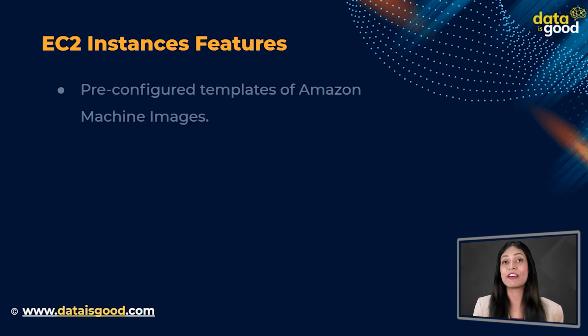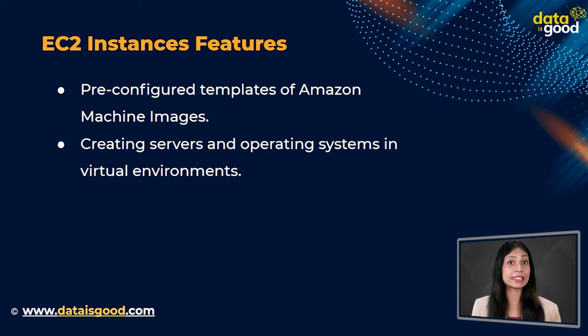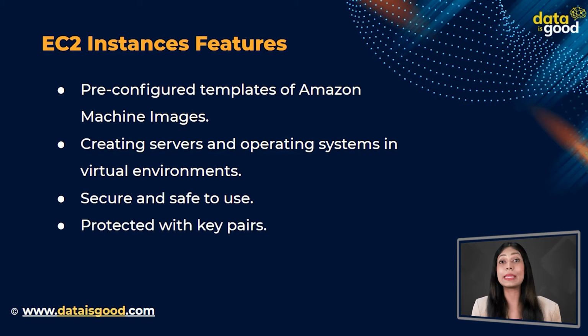EC2 instances have pre-configured templates of Amazon machine images. We can use these images for creating servers and operating systems in virtual environments. EC2 instances are extremely secure and safe to use. They are protected with key pairs.